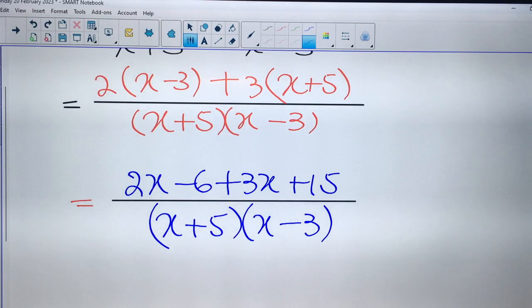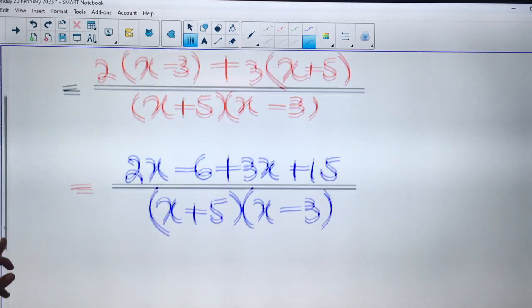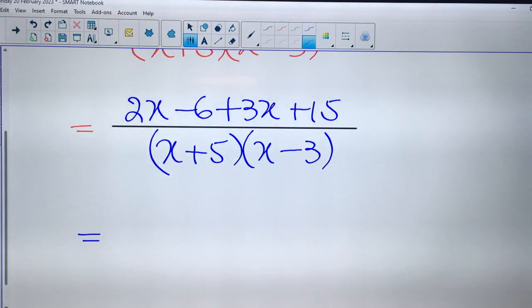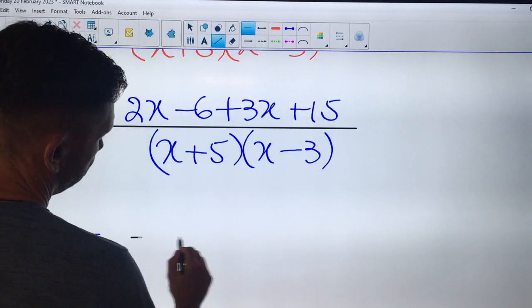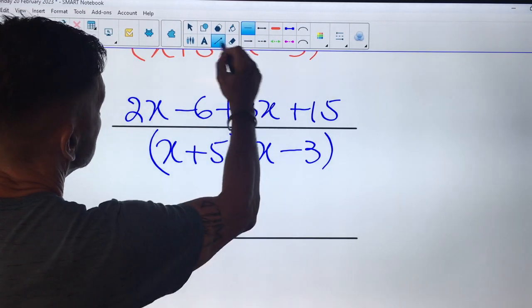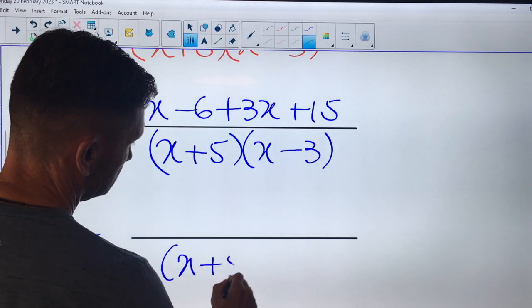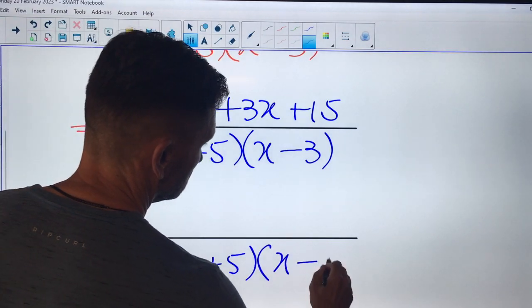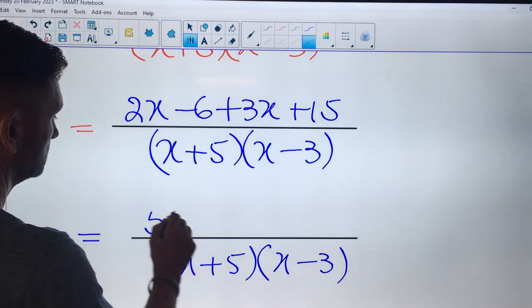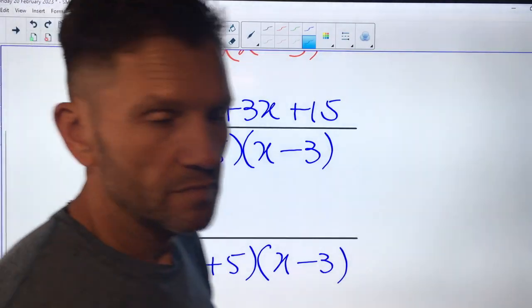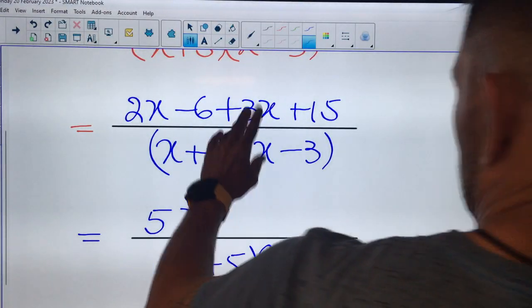Then collect like terms. 2x and 3x. Yes, that will give us what? 5x. Plus 9.